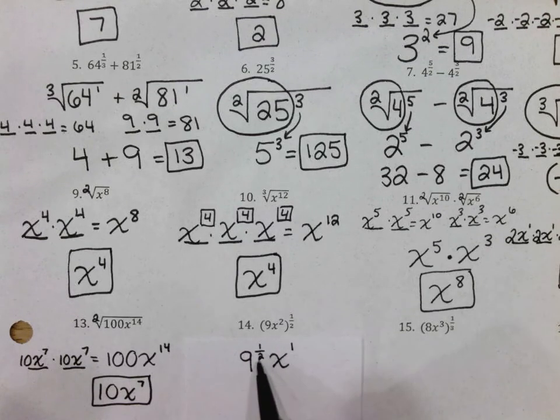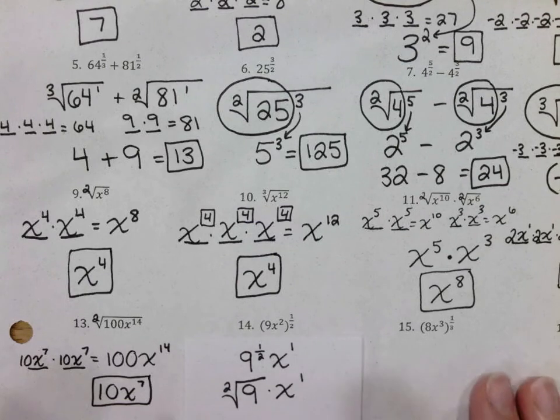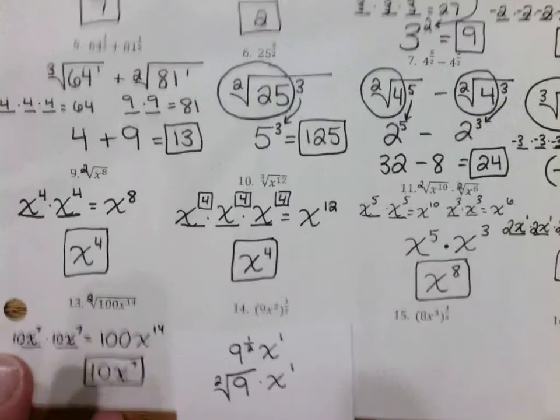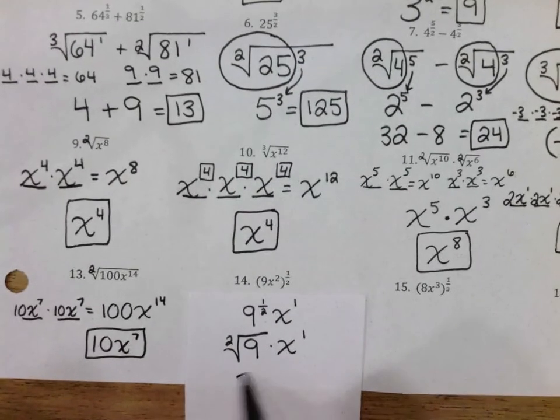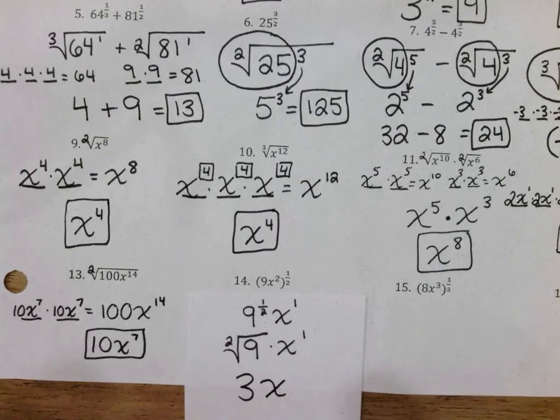And 9 to the 1/2 is the same thing as the square root of 9 times x to the first. The square root of 9 is 3, so this is really just 3x.